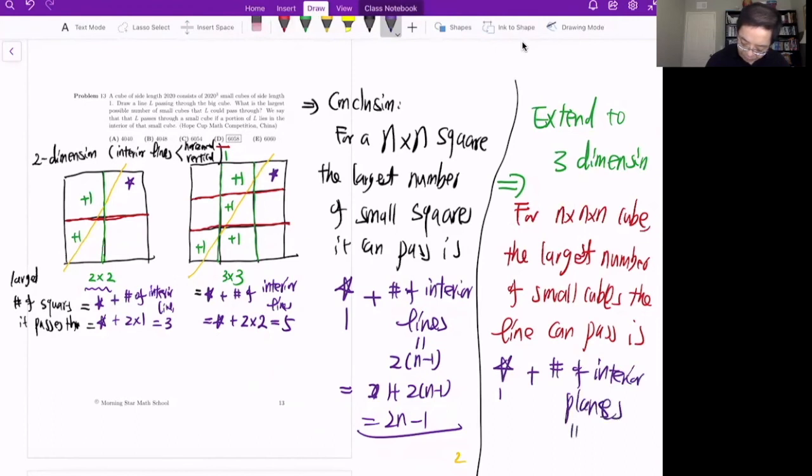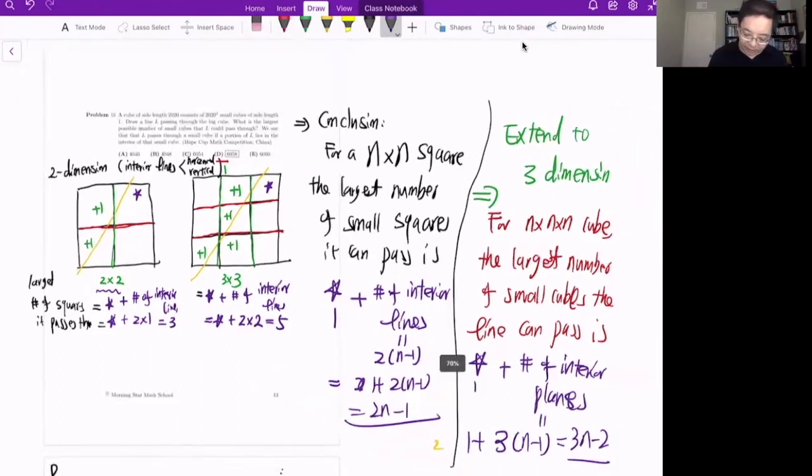That equals 1 plus 3 times n minus 1, so that's 3n minus 2. This is what we derived by looking at what happens in 2D and then extending to 3D, which is very reasonable, as we already explained.